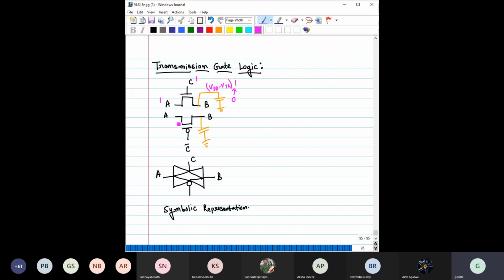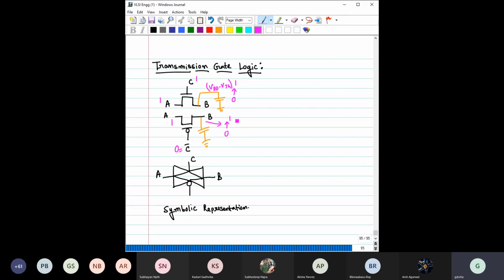Charging. Similarly, if you had made the same thing using a PMOS, so rather than this you give one PMOS, we will make C equal to 1 only. C equal to 1 means C bar equal to 0, right? Then see what will happen. This is P, so it can raise this voltage from 0 to 1 fully.